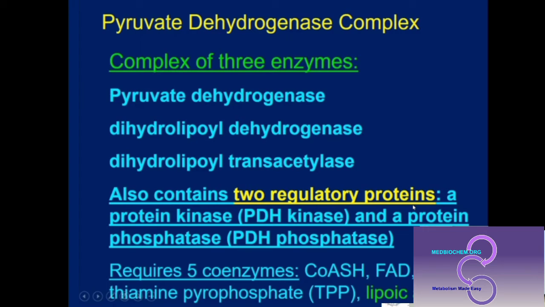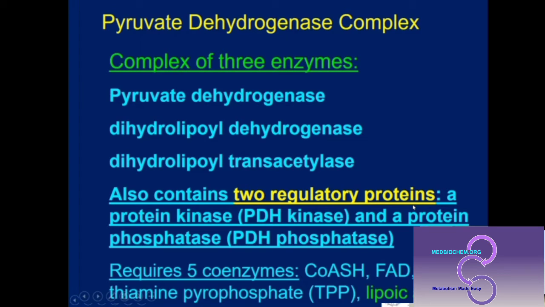Their function is one of two things: either to carry the acetyl group, in the case of thiamine pyrophosphate and lipoate and CoA, they're carrying the acetyl group. Sort of accepting, donating the acetyl group.